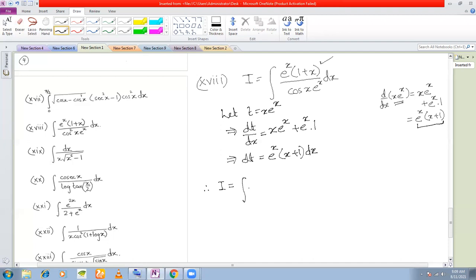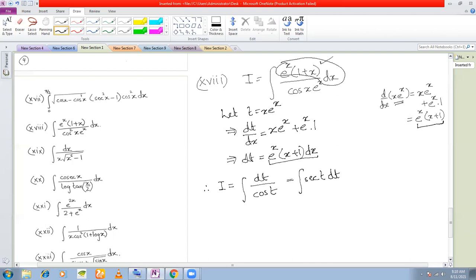Therefore, what is I? I is equal to integral e to the power of x into x plus 1 dx, which is the numerator, this entire part becomes dt, divided by cos square of x e to the power of x, which is t. So dt by cos square t. So this becomes integral sec t dt.